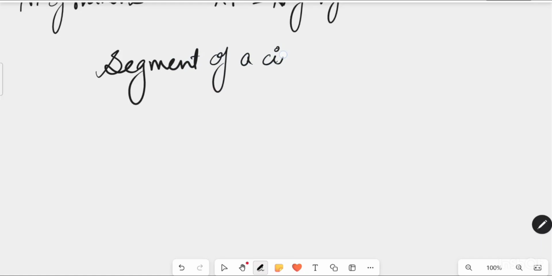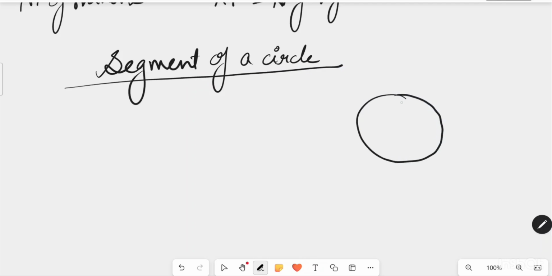After this we have segment of a circle. The region bounded by a chord and the corresponding arc is called segment of a circle.